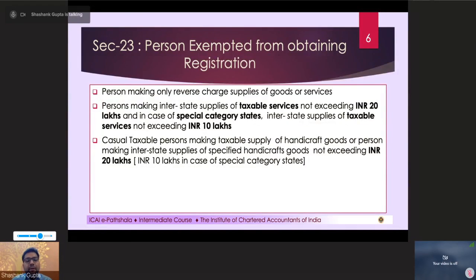These people go from state to state, take participation in exhibitions, set up stalls and sell their product. So the government has given them an exception from registration up to 20 lakh or 10 lakh.